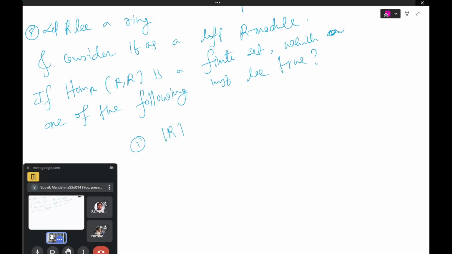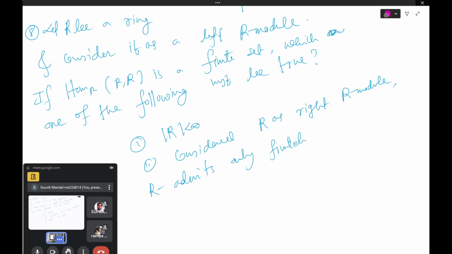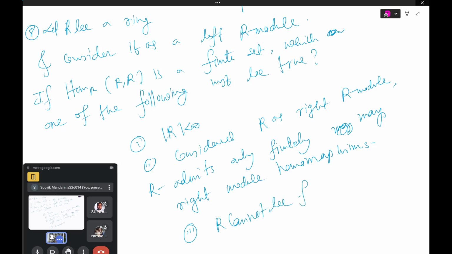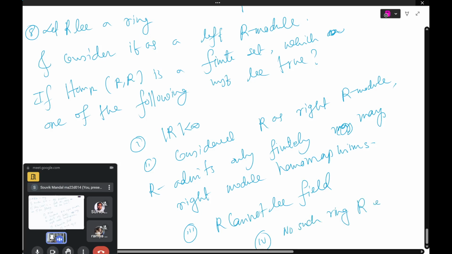The first option: R is finite. Second option: consider R as a right module, and R admits finitely many right module homomorphisms. Third: R is a field. Fourth is no such R exists.